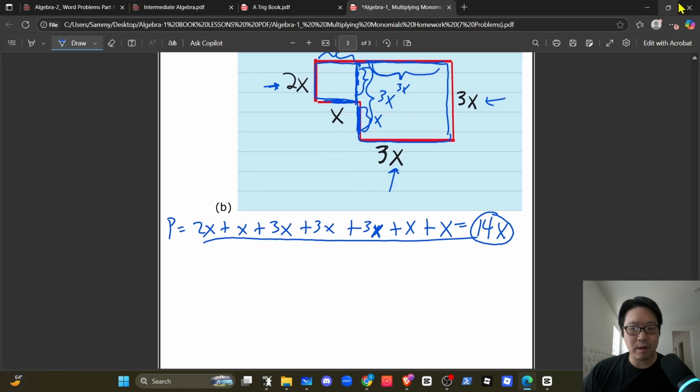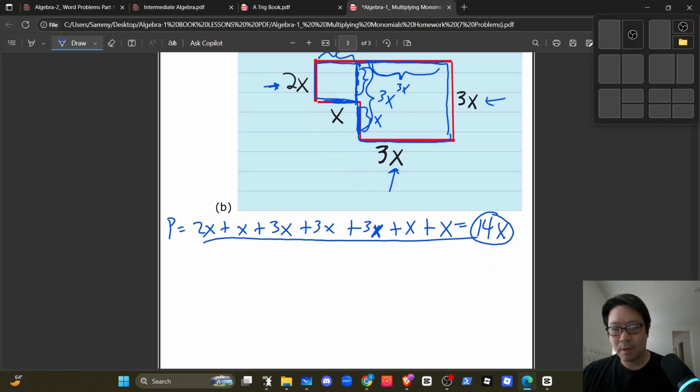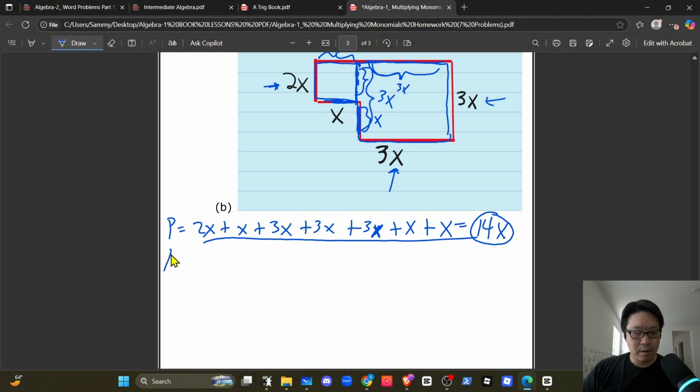Let's figure out the area. So the area for this whole figure is going to be the area of the rectangle, plus the area of the square. And the area of a rectangle is going to be given by what?